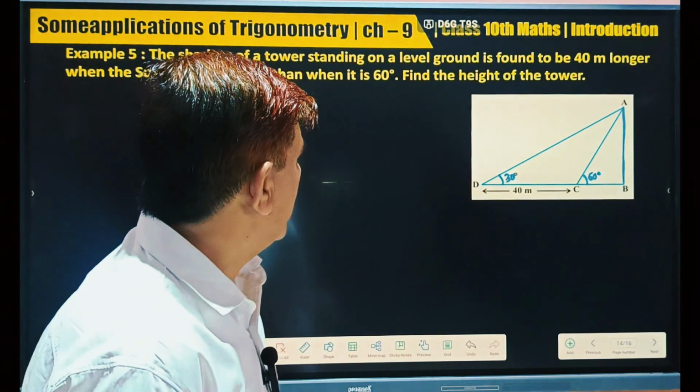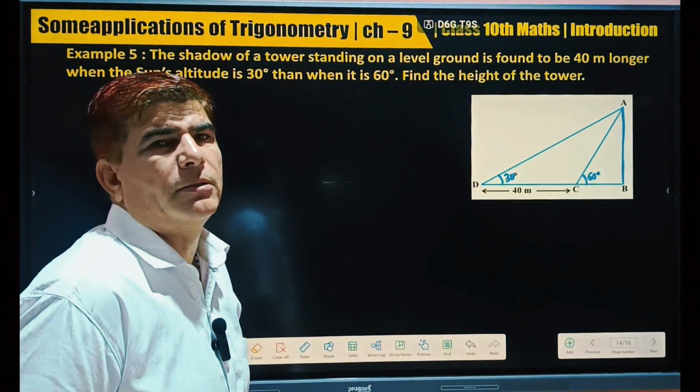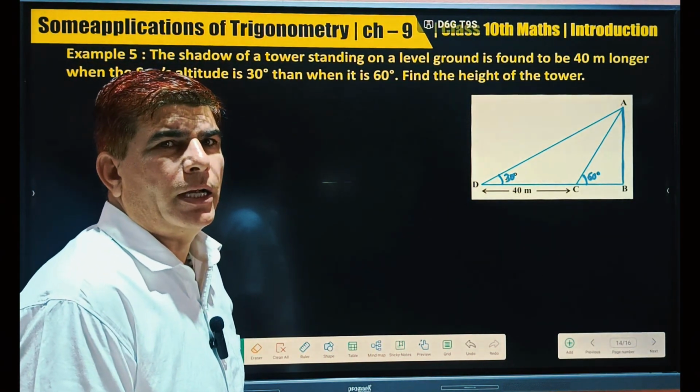So what do you have to find out? Find the height of the tower.